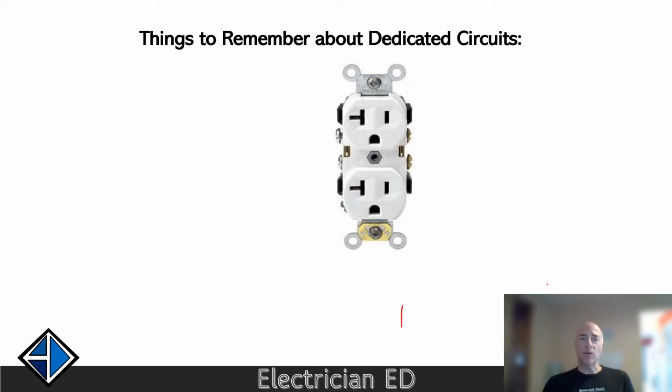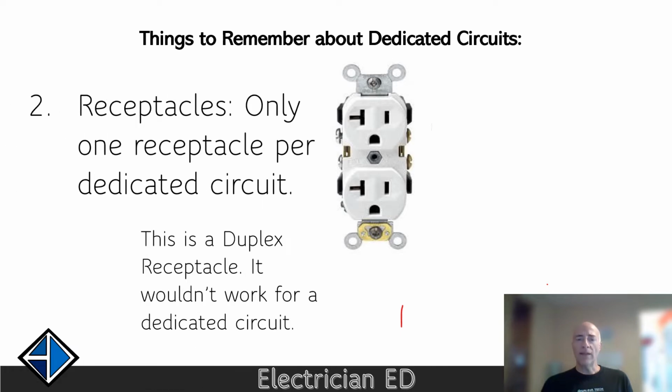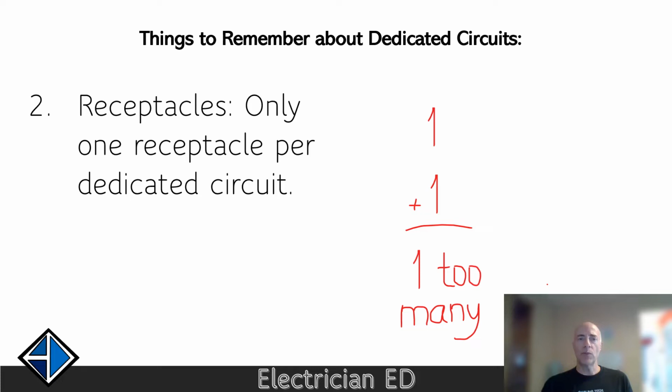For receptacles on a dedicated circuit, you can only have one receptacle. Duplex receptacles like this one have 1 plus 1, that equals 2. That's one too many, so they don't work as an individual branch circuit. Someone could come along and plug in another piece of equipment there, and then that circuit would be supplying more than one thing.